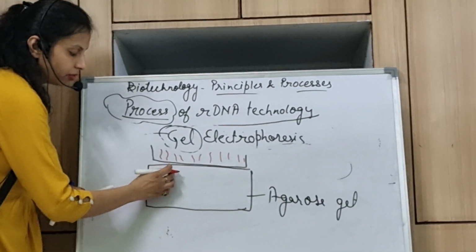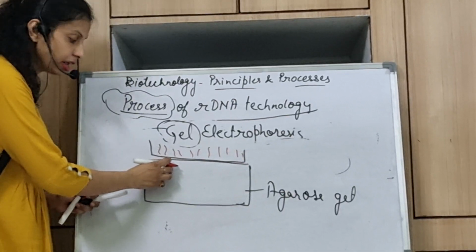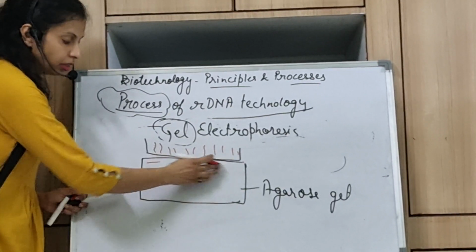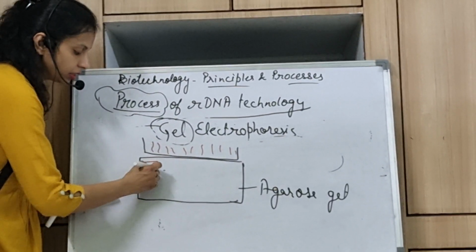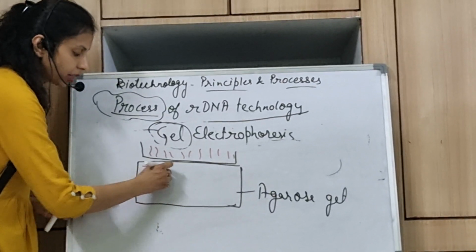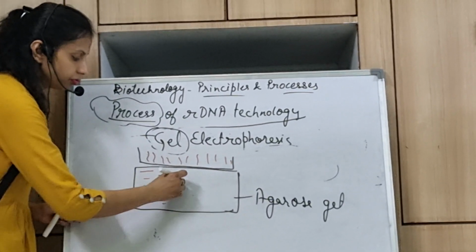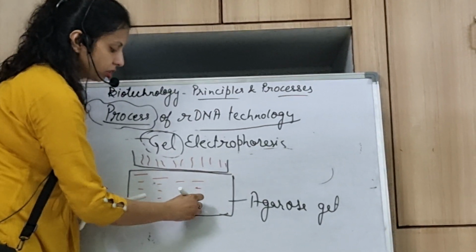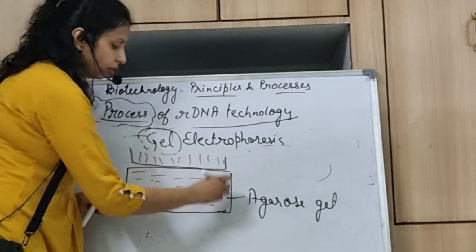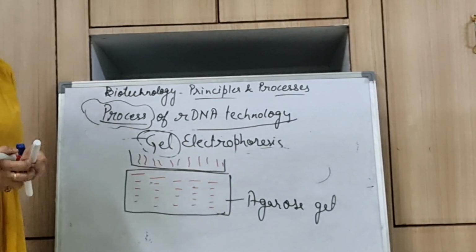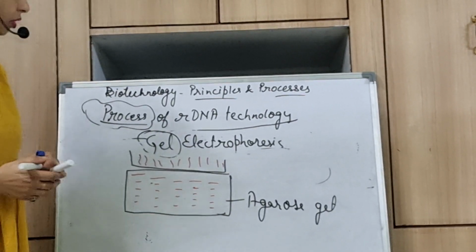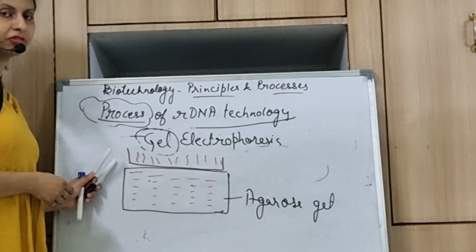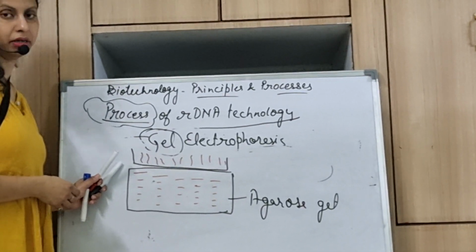Those DNA which are bigger in size, heavy particles, will remain in the top layers, whereas the fragments which are of smaller size will move apart because they can travel more, being lighter in molecular weight. So this is one way of separating DNA fragments.